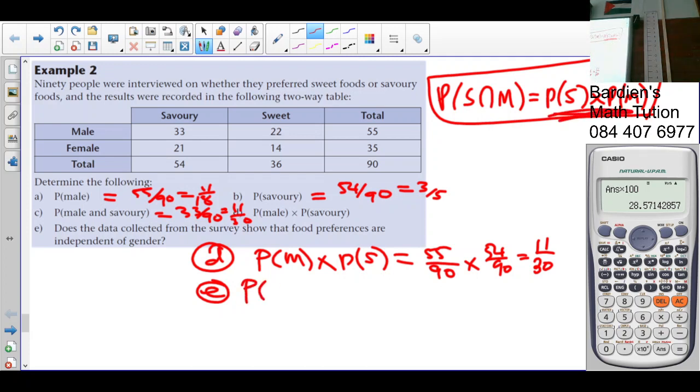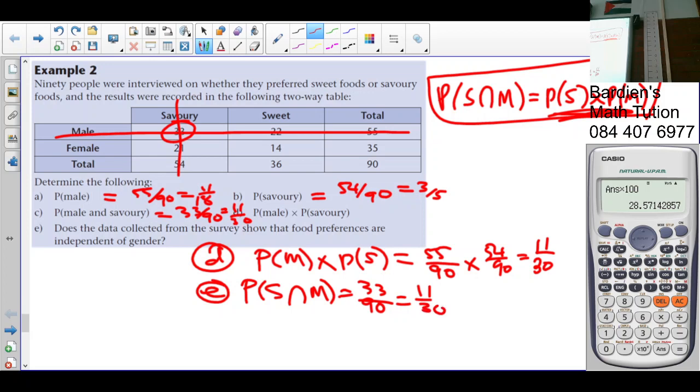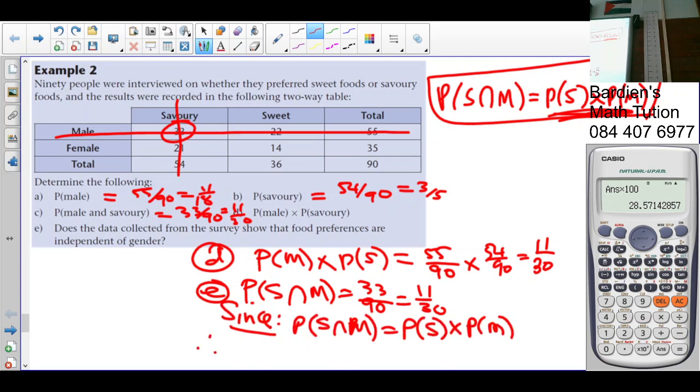So this part of the calculation was done already. The probability of male intersection savory is 33 out of 90, which is 11 out of 30, not so? So we say, since the probability of savory intersection male is equal to the probability of savory times the probability of male, therefore the events are independent.